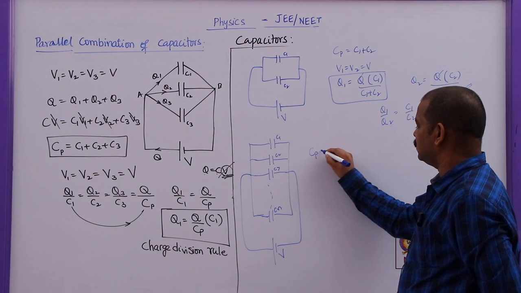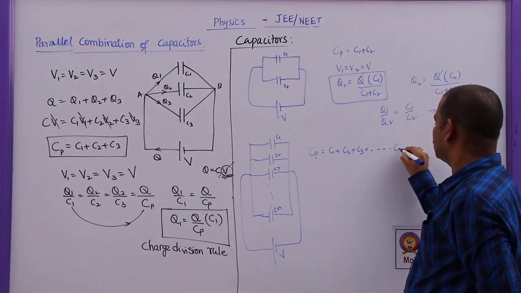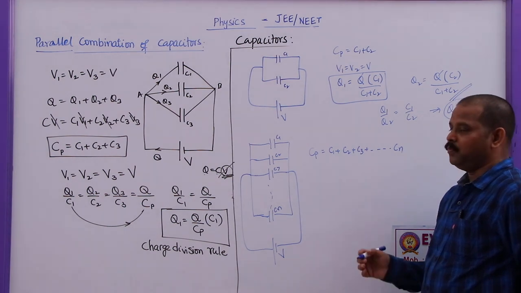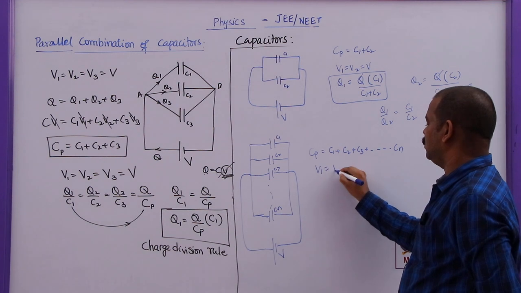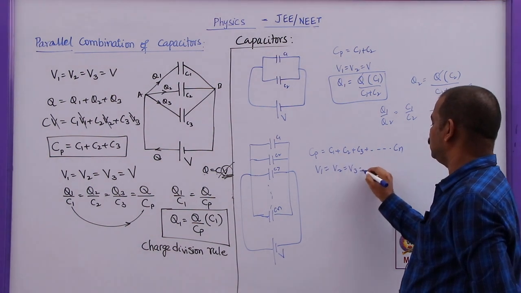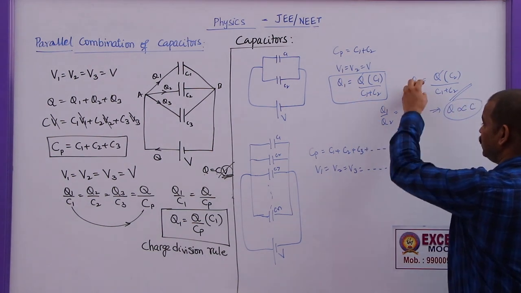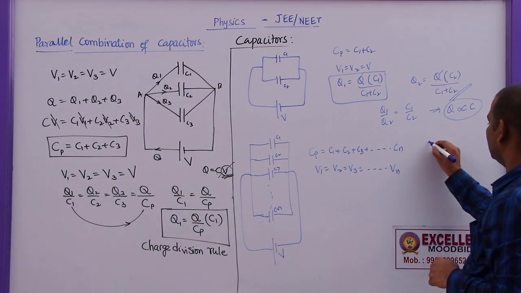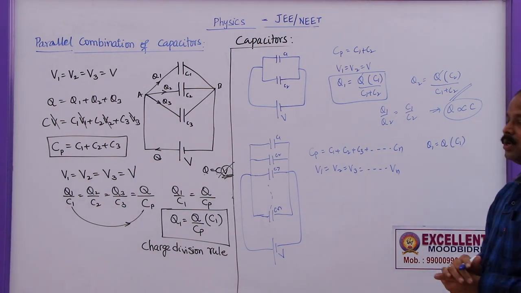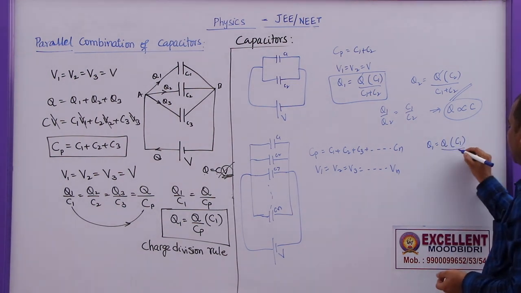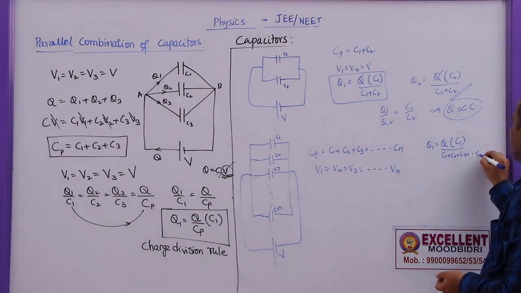The effective capacitance is given by the sum of all the individual capacitors, and the potential drop across each branch remains the same, that is V1 is equal to V2 is equal to V3 is equal to Vn, and charge division. So, what is Q1 here? Q1 is equal to the total charge that we have to find out into the capacitance in the first branch by the sum of all the capacitors, that is C1 plus C2 plus C3 and so on up to Cn.